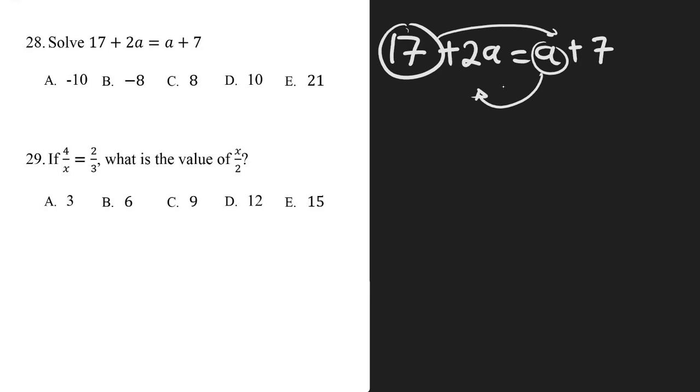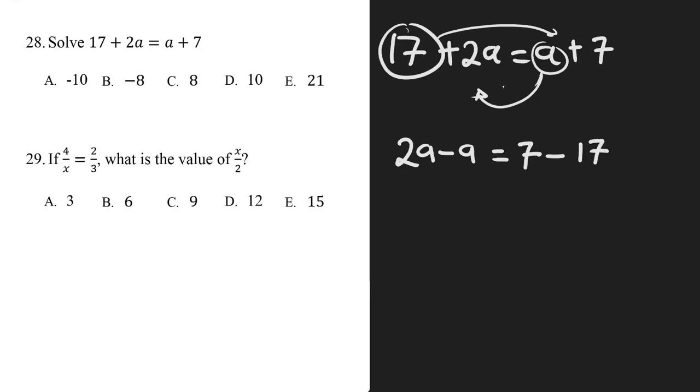Can you see? So if we do that, we're going to have 2a. Now this a that is coming will be minus because it has an invisible plus here, right? So we have minus a equals 7. Now this 17 will come here as minus 17.